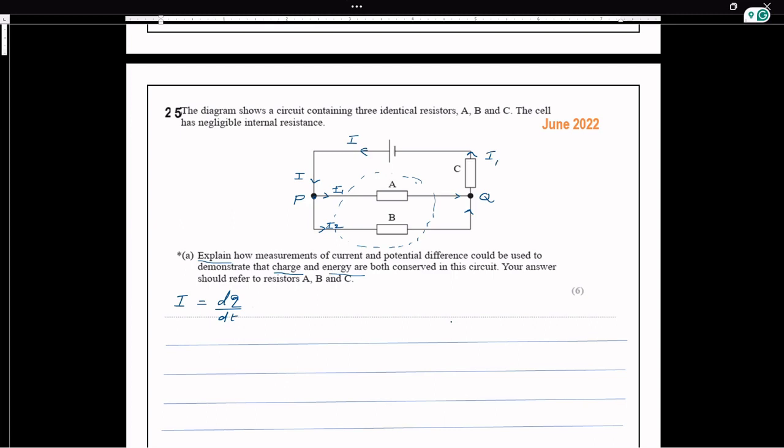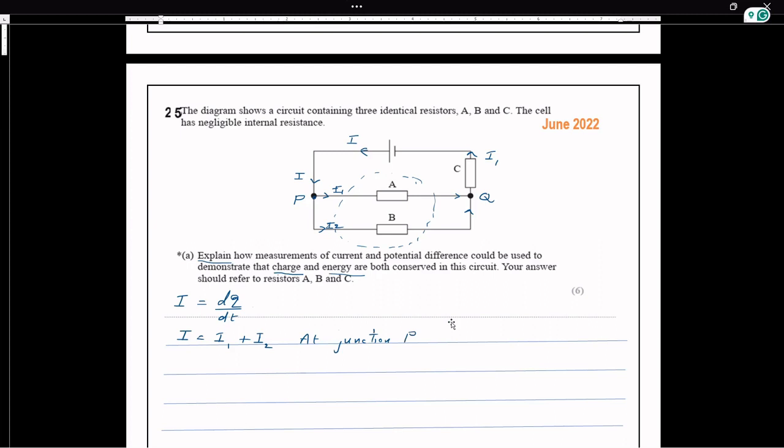So from the circuit we can write that the current from the cell is branched out and enters the parallel resistors. So at junction P, current I equals I1 plus I2.